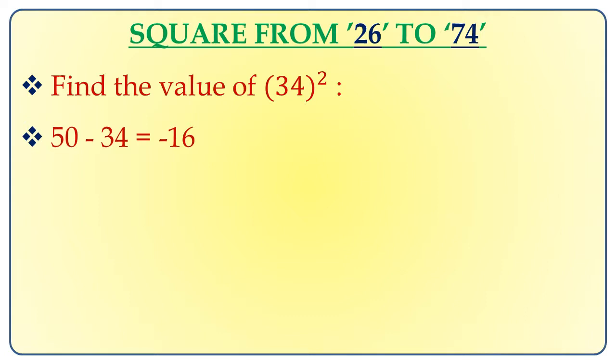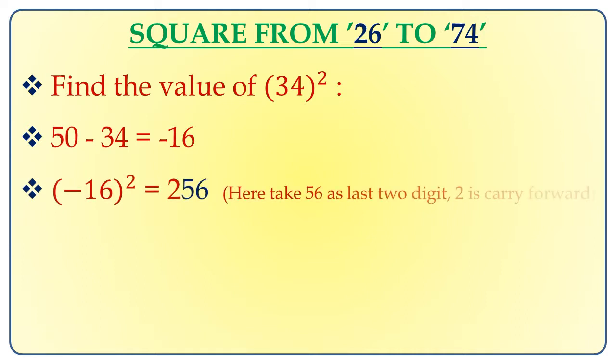Because the number is less than 50. So we take it as a negative difference, minus 16. So minus 16 square is 256. According to the rule, we take only 56 as the last 2 digits of the number, and 2 is carried forward.